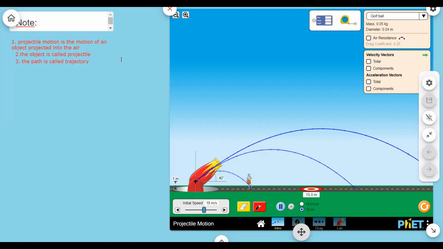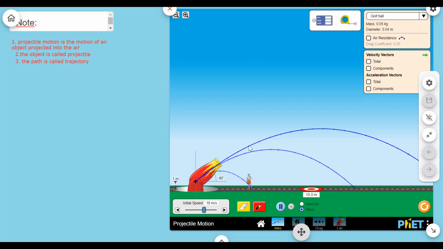Projectile motion, we can consider to be two-dimensional motion, or we can say two-dimensional projectile motion, as long as there is no air resistance here. And the most important fact to remember here is the motion along the perpendicular axis.